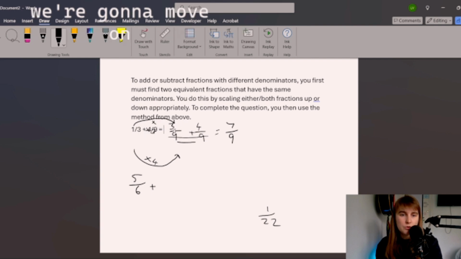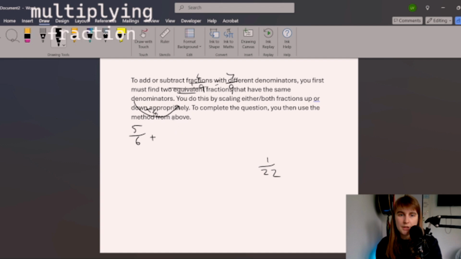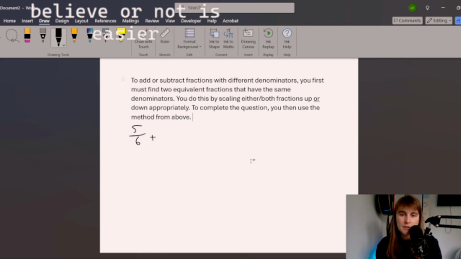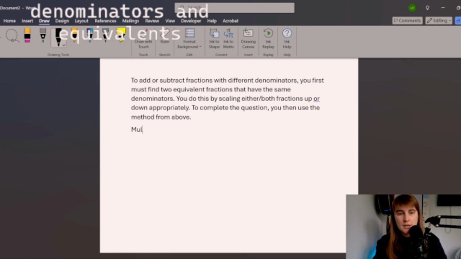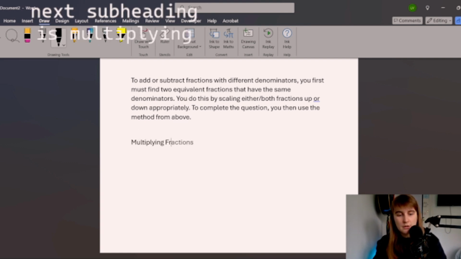So we're going to move on to multiplying fractions now, which actually, believe it or not, is easier. It's easier because we don't have to worry about denominators and equivalents. So next subheading is multiplying fractions.